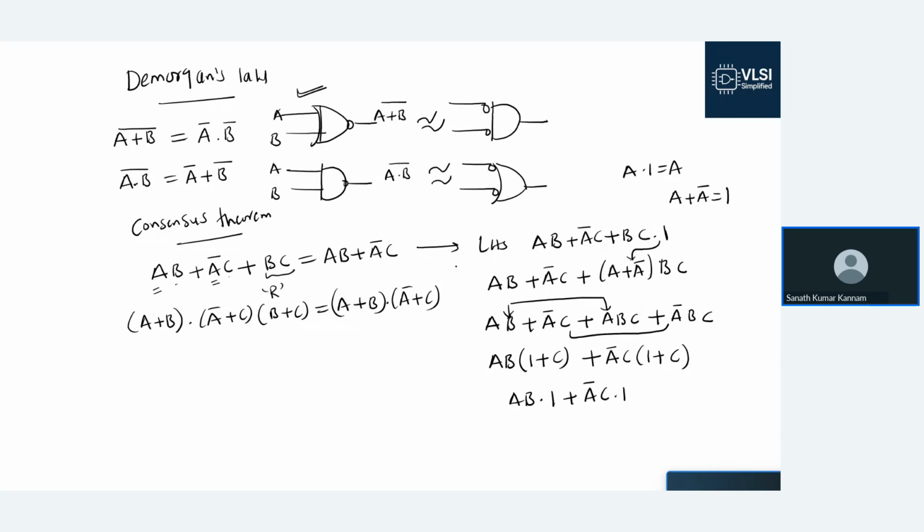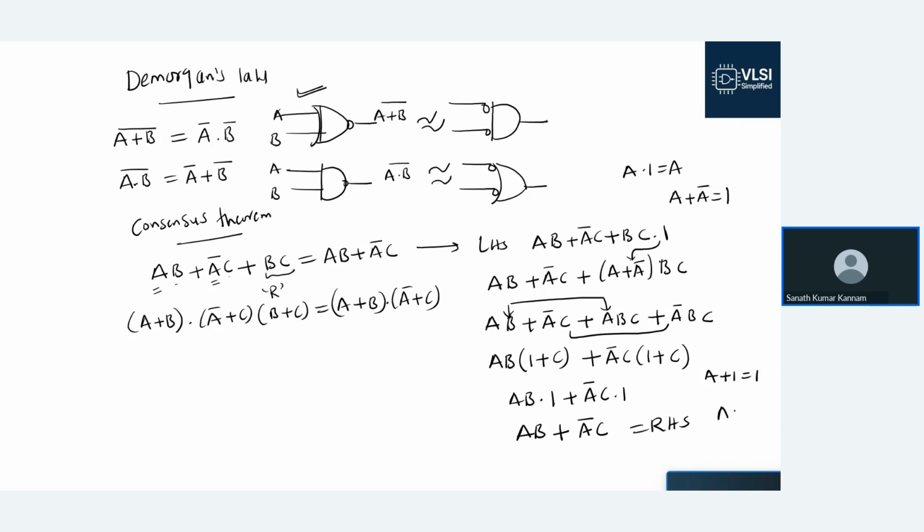You know that A or 1 equals 1. And next, you can write this as AB or A bar C. So this is equal to what? RHS.